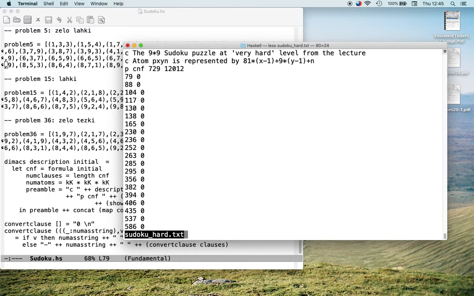And this is the same problem as specified here, but given as a conjunctive normal form in the standard input format for conjunctive normal form files, which is called Dimacs format, and this is the format that you need to deal with in your homework.